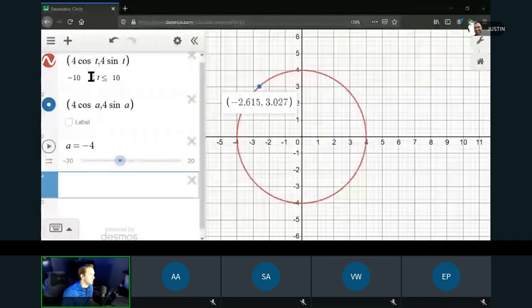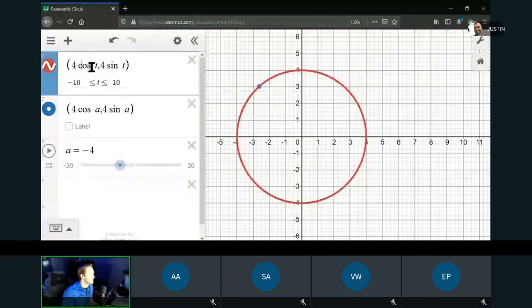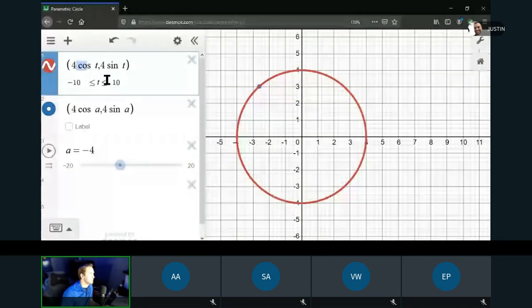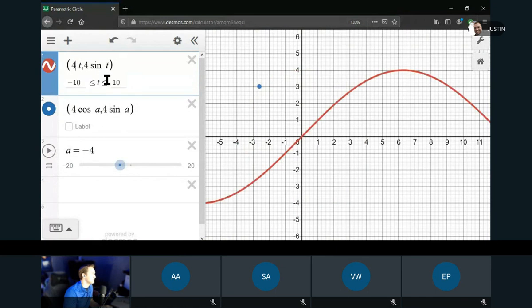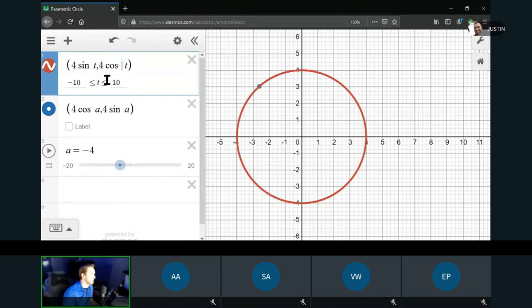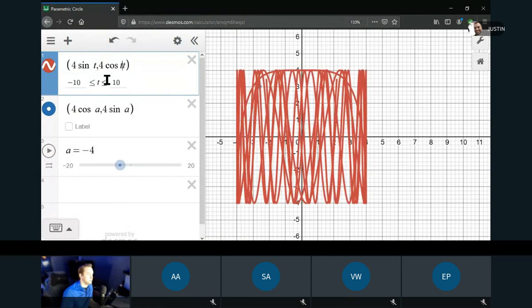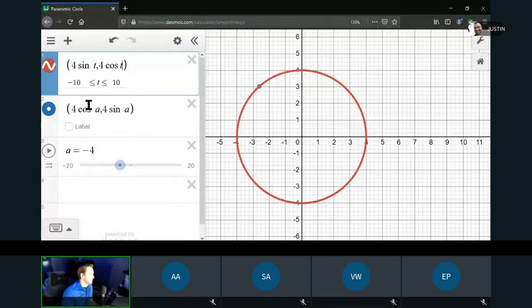All right. So see how my x of t is 4 cosine? Well, it should be 4 sine. So I would just change that to sine. And then the y of t becomes 4 cosine t. Oops. And then I change this one too.